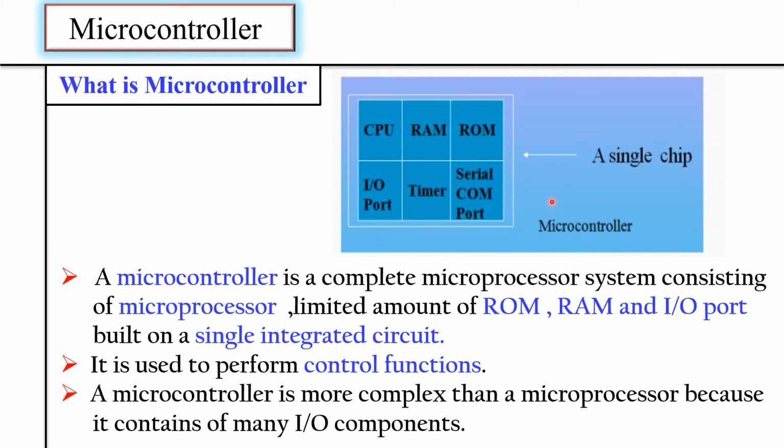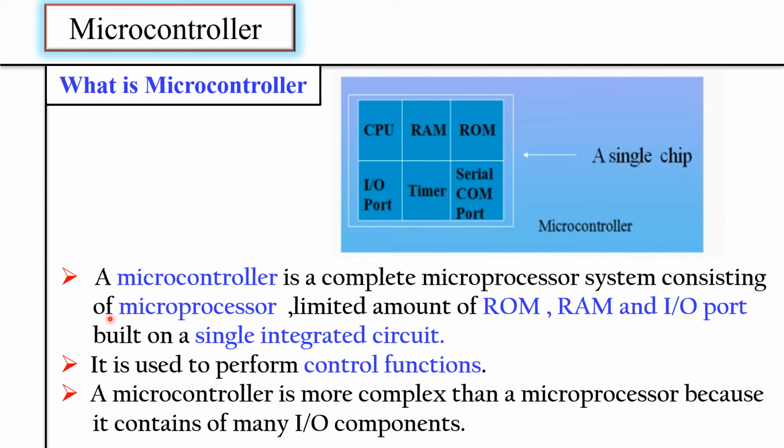It is in fact a microprocessor, but it is called a microcontroller because it is used to perform a control function. As we discussed, it is used to perform a control function, so that is why it is called a microcontroller.